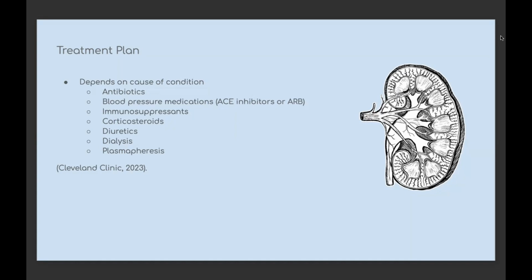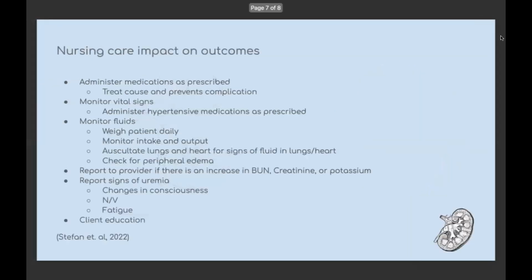And in case this glomerulonephritis is caused by an autoimmune condition, we have to give immunosuppressants and corticosteroids to decrease inflammation. We also have to give the diuretics as prescribed, and in severe cases, they might even prescribe or recommend dialysis or plasmapheresis.